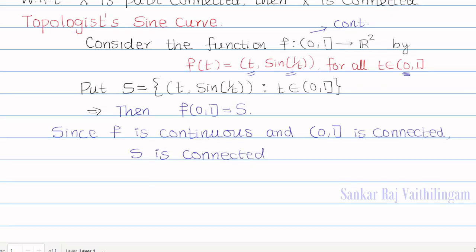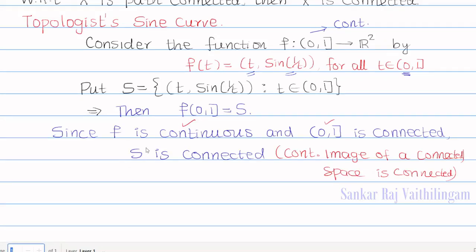Why? Because we know that a continuous image of a connected space is connected. I have just used that. So f is continuous, and at the same time this interval (0,1] is connected, therefore we have that S is a connected set.